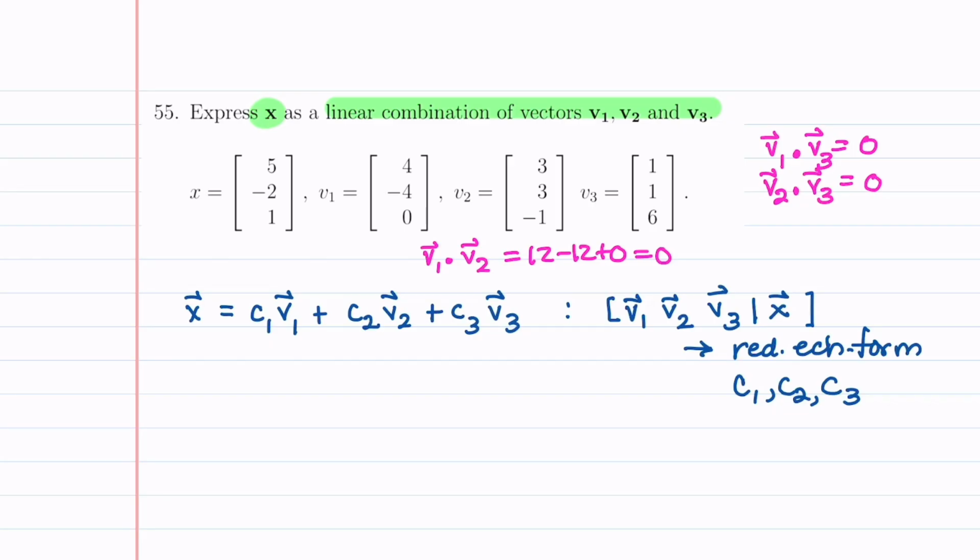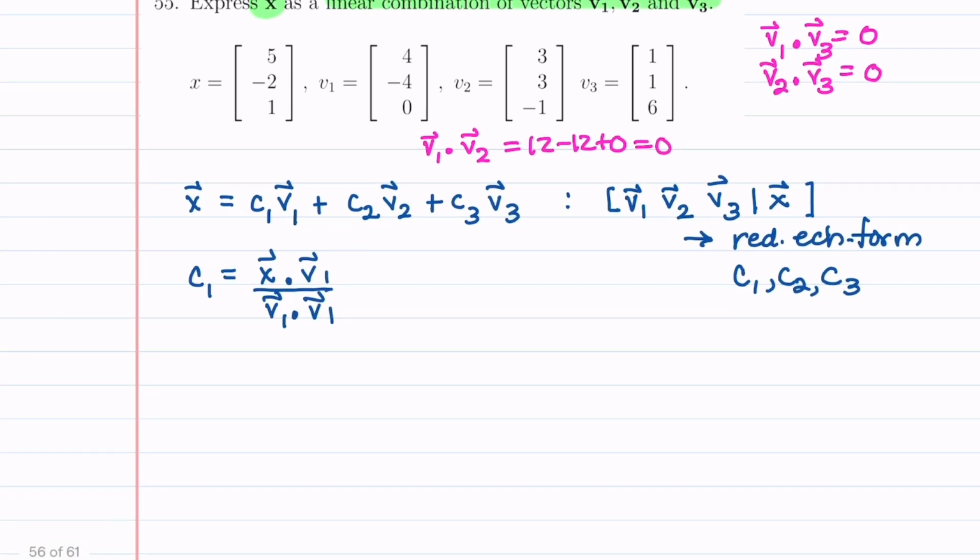The formula that we're going to use is c1 is going to be x dotted with v1, all divided by v1 dotted with v1. Let's go ahead and compute what this is. X dotted with v1, we're going to pick up a 20 plus 8 plus 0 on the top.